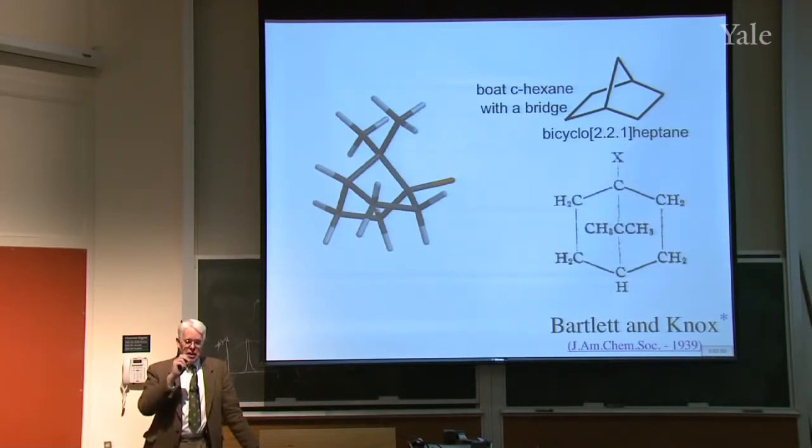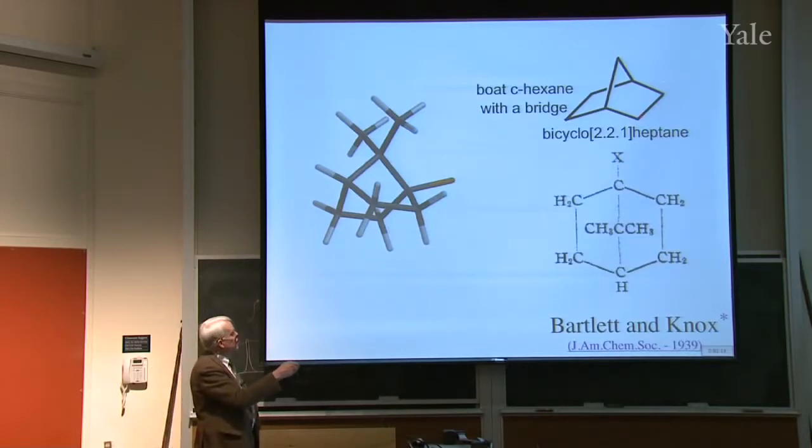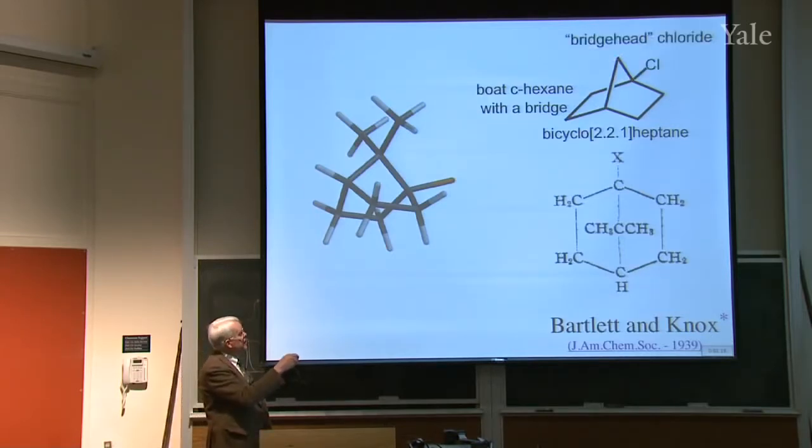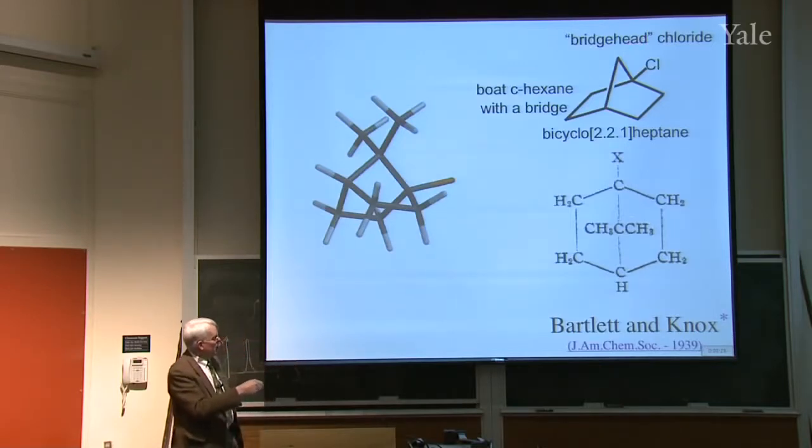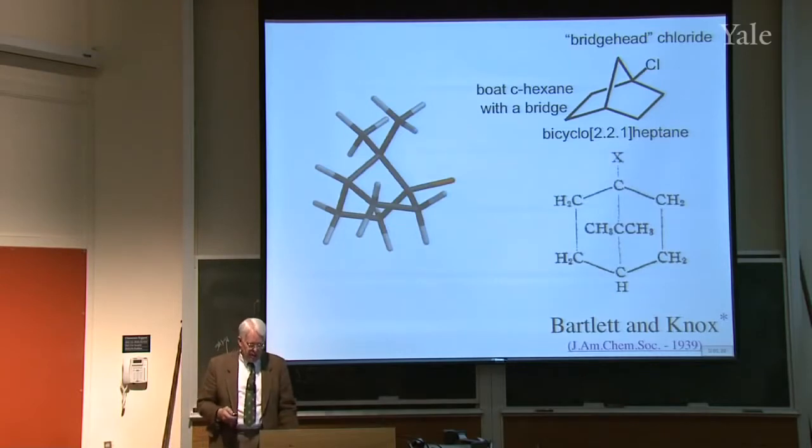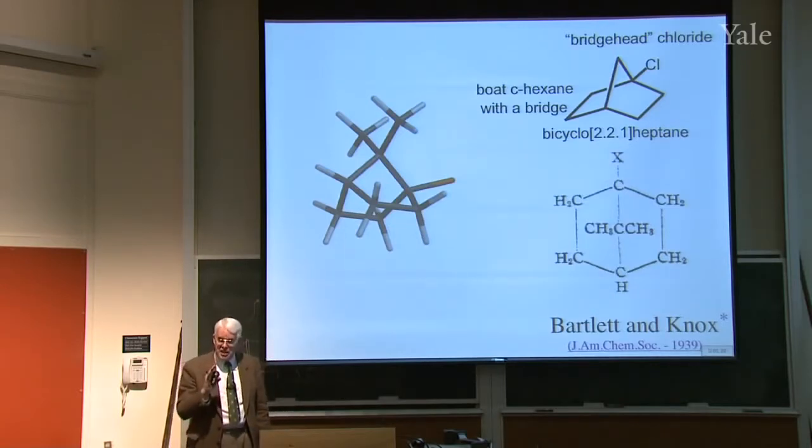And you give numbers in brackets in the middle of bicyclo to say how many carbons there are in each bridge. So there's a 2-carbon bridge, a 2-carbon bridge, and a 1-carbon bridge, okay? And those 2 positions are called bridgeheads, right? So this is a bridgehead chloride that we have in the molecule, the apocamphyl chloride that they designed and then prepared to study.